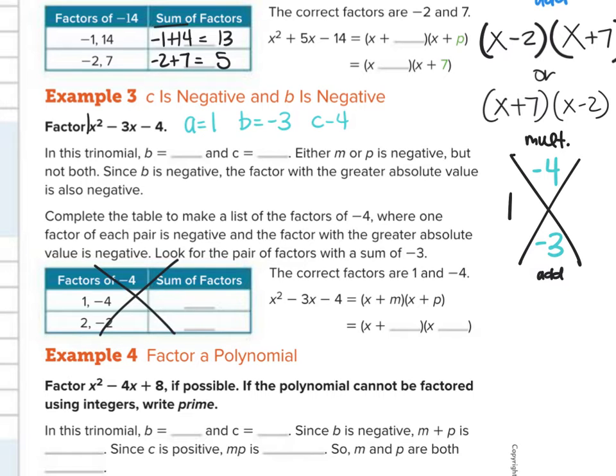Positive 1? Yeah. Okay, and negative 4. You can always check that. So on my calculator, I would do 1 times negative 4. Is that negative 4? Yes. Okay, now I do 1 plus negative 4. What's that equal? Negative 3. So that means it worked.